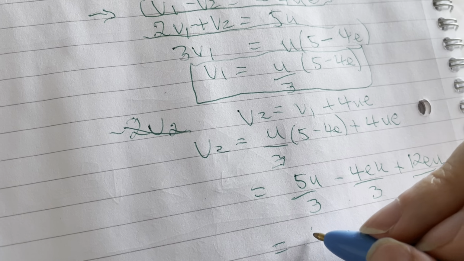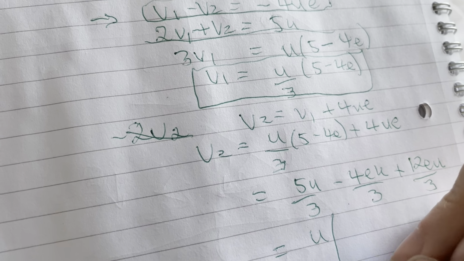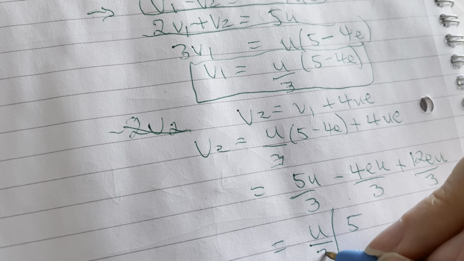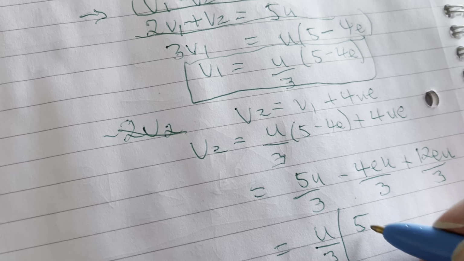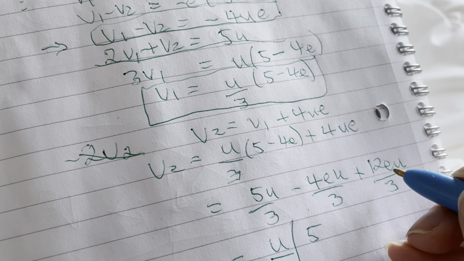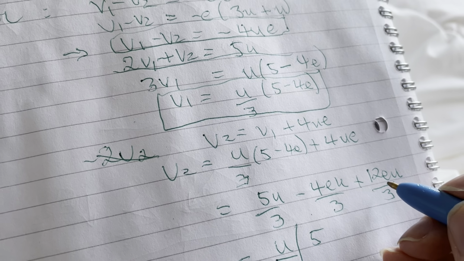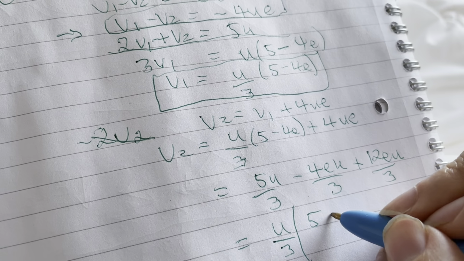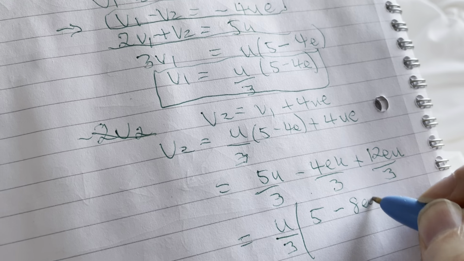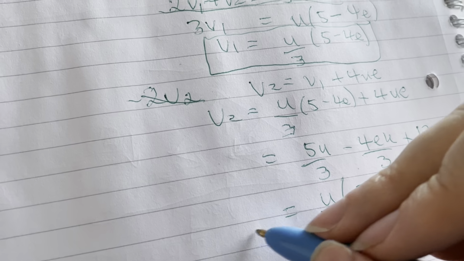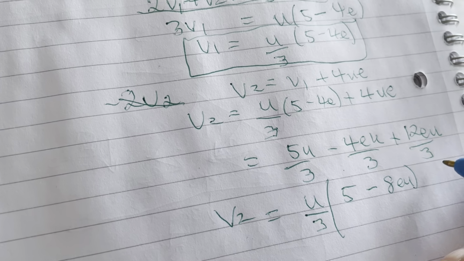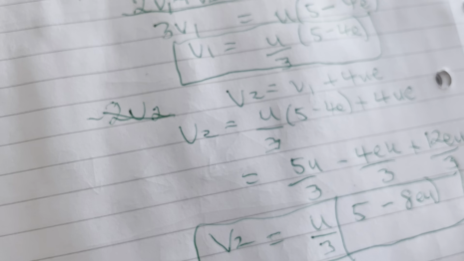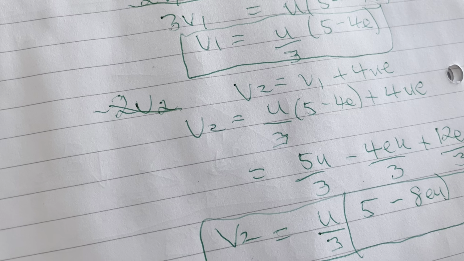So it's equal to u over 3 times (5 plus 8e). So v2 is that. Okay, speed of each sphere after collision, that's grand.